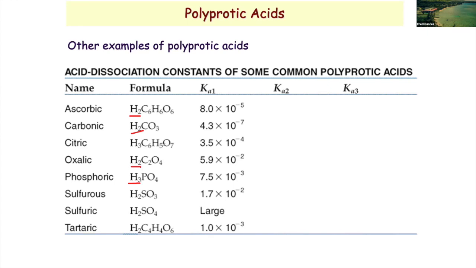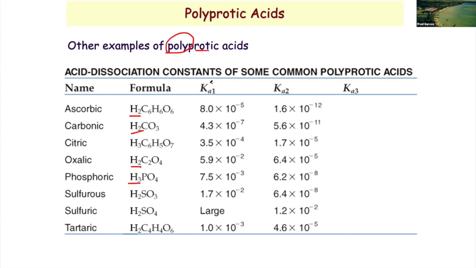But then the second hydrogen is also going to come off, because these chemicals are called polyprotic, meaning many protons. So polyprotic acids have more than one hydrogen to deliver, and they're going to have a second Ka. And the second Ka tells you the efficiency of getting rid of that second hydrogen.